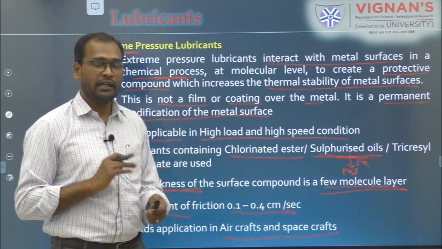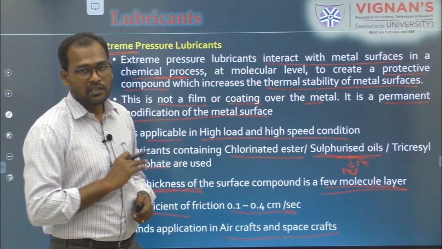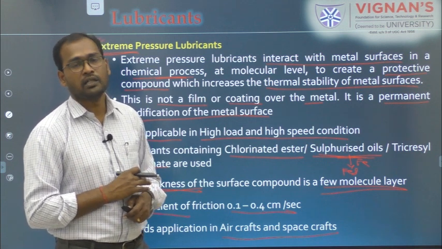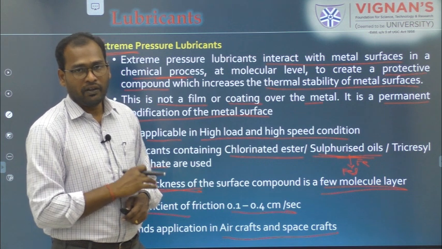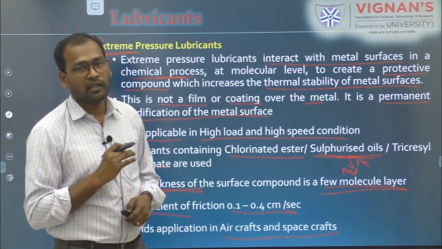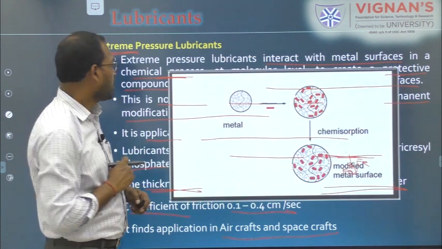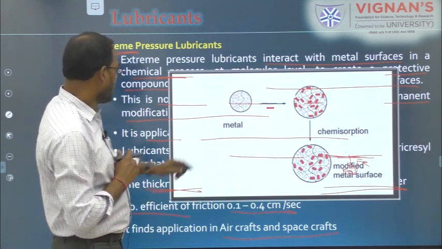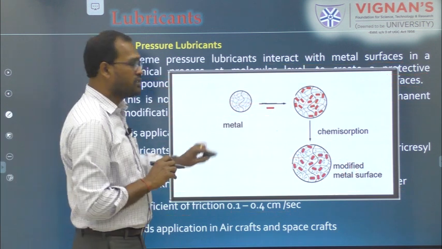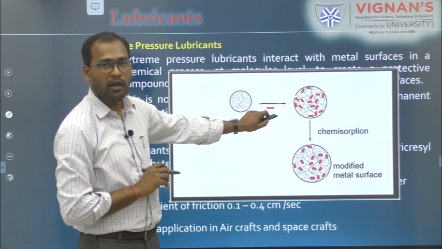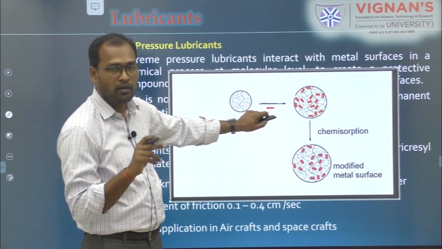So these are the three different mechanisms proposed for lubrication: one is the thick film, the other is the thin film, and the last is the extreme pressure lubricant mechanism. In this example you can see the metal, and it is combined with a lubricant, which you can call a pre-lubricant.